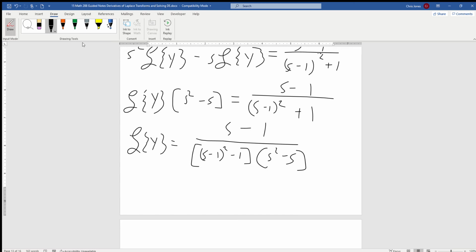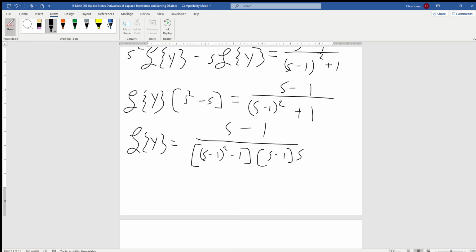Notice I didn't FOIL anything out, and generally FOILing is going to make things pretty difficult. An alternative to writing s squared minus s is to just factor out an s. So let's rewrite this as s minus 1 times s.